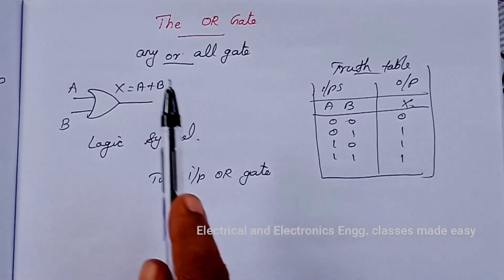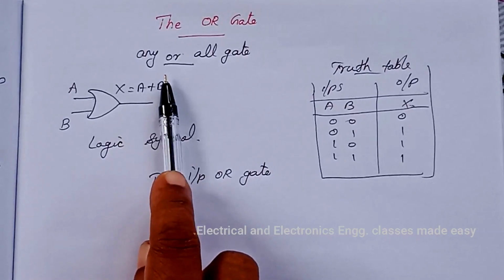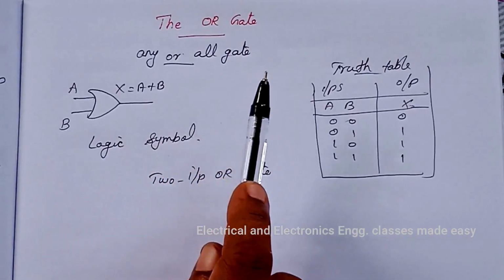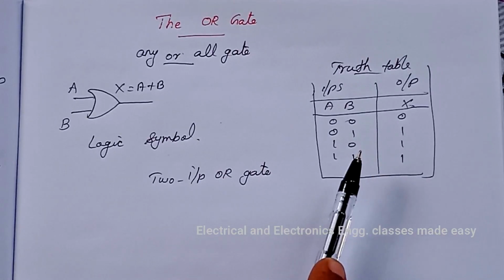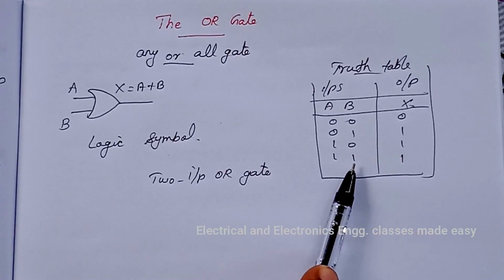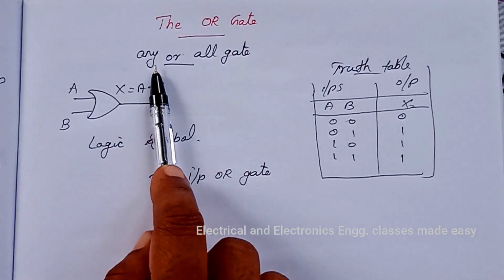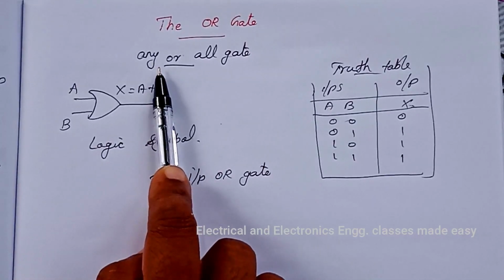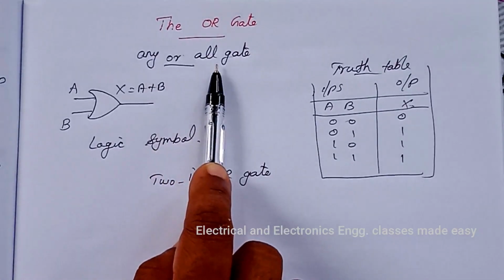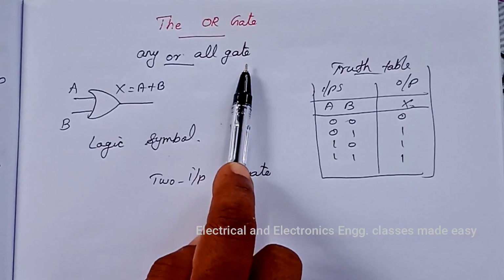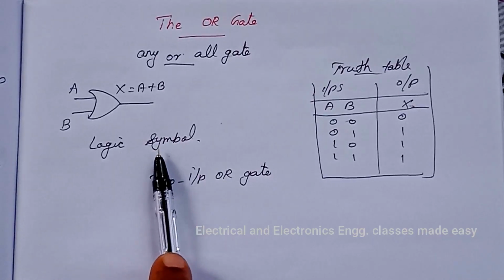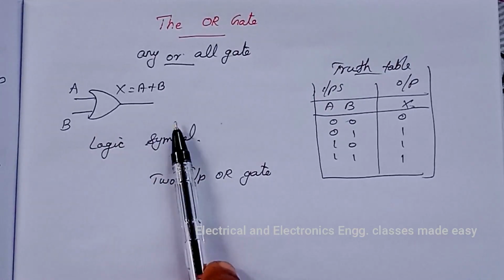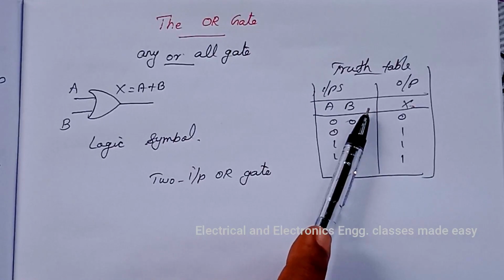So an OR gate is defined as a device whose output is 1 even if one of its inputs is 1. Hence, an OR gate is also called an any or all gate. So this is the logic symbol of the 2 input OR gate and this is the truth table.